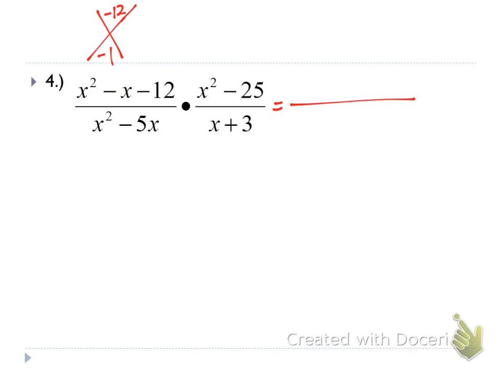Thank you. Danielle, what numbers do I need to fill in the rest of my X? Negative 4 and 3. Thank you. Delaney, how do I use that to factor my first numerator? Thank you. All right, so we've got one numerator factored.